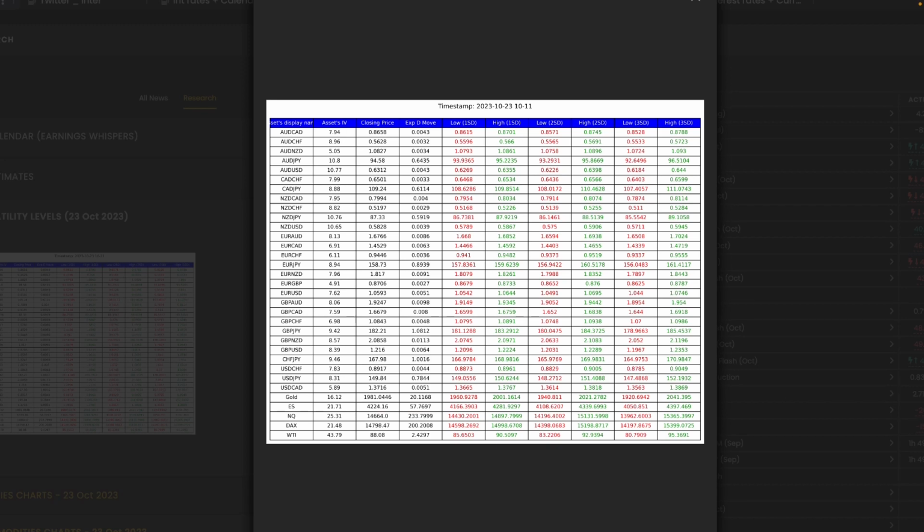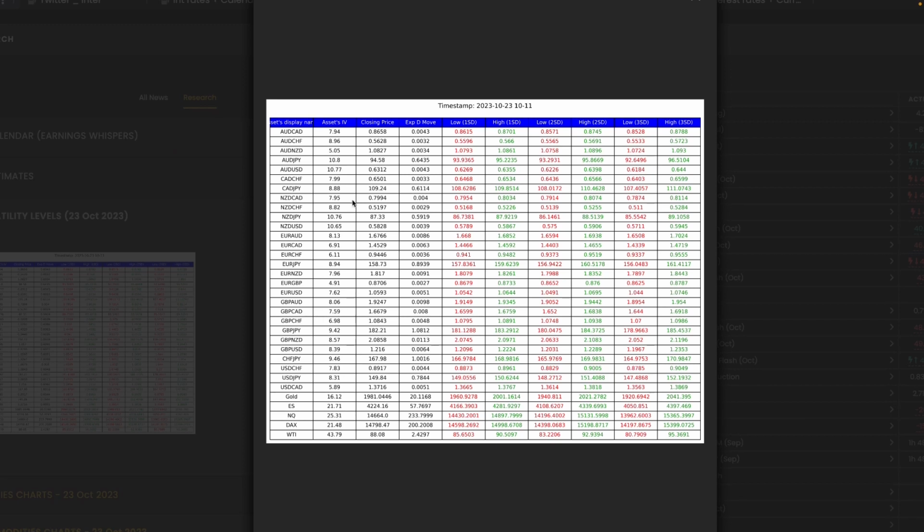Now, in case you don't know how to use this, implied volatility is a really crucial idea with options trading. Basically, what implied volatility does is it measures the market's expectation for the future volatility of an asset, and it's worked out by the prices of options on that asset.